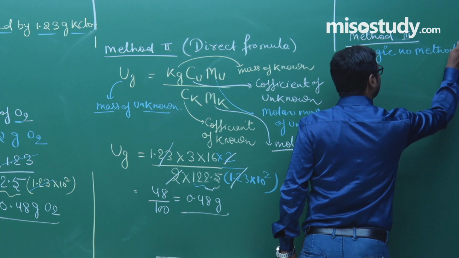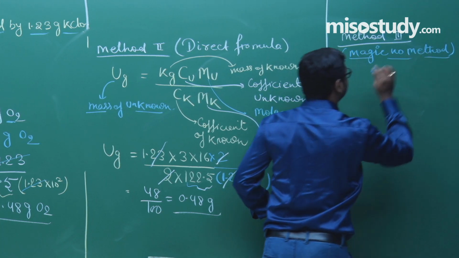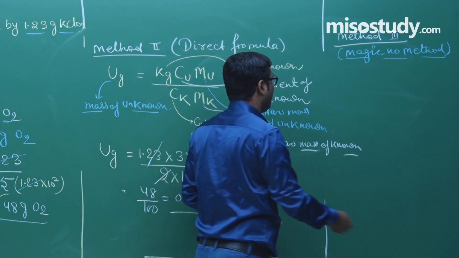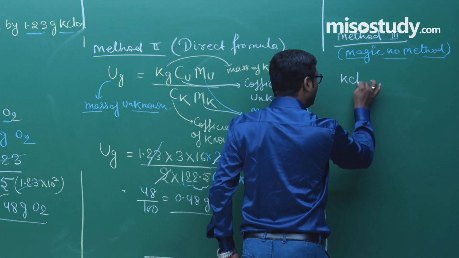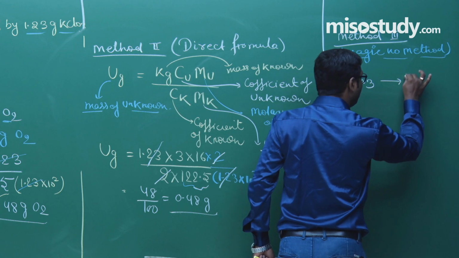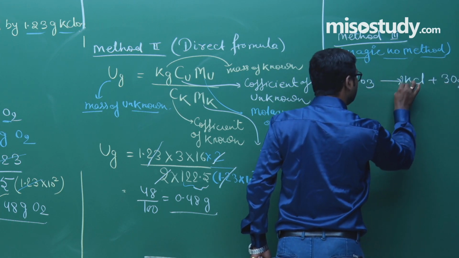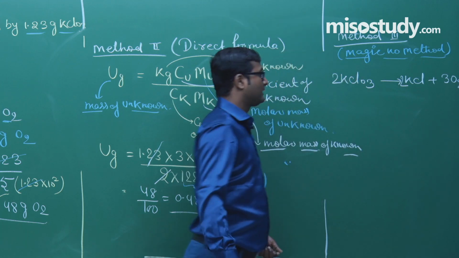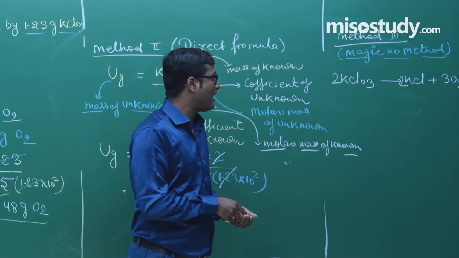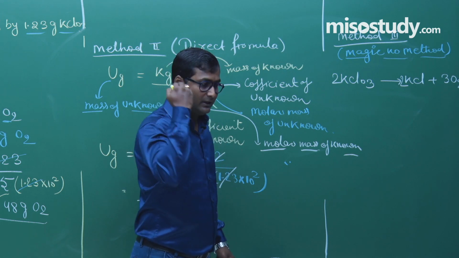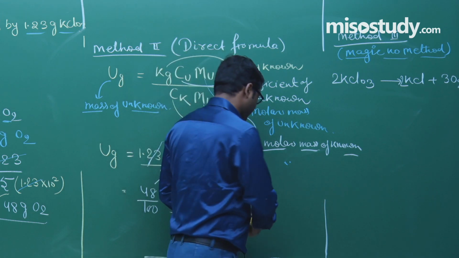Magic number method. Listen carefully. First of all, put here KClO3. It gives you KCl plus O2. Balance them. Put here 2. Clear? Now wait for a moment. Let the magic number be X.